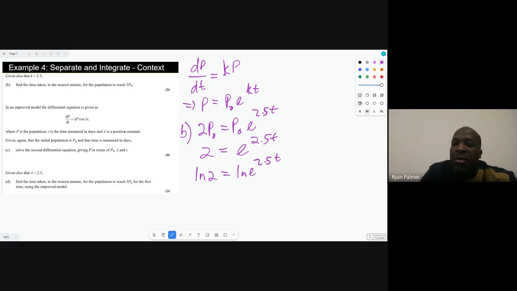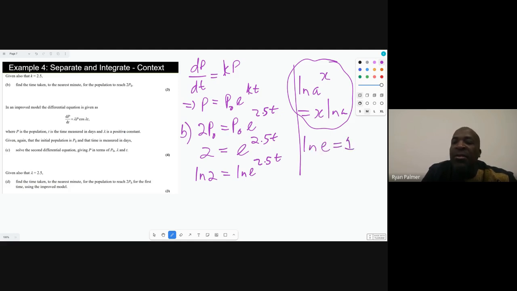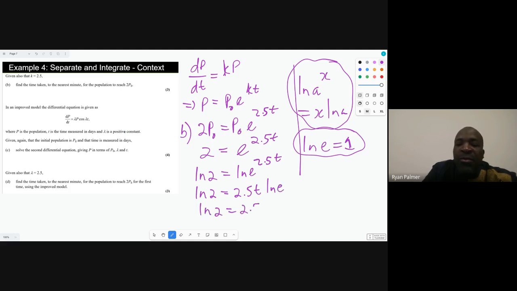So we're here now going to be using the rule that if you have ln a to the x, this is the same as x ln a. So we're going to use that rule, and then we're going to use the second rule that ln e is equal to 1. So we have ln2 is equal to 2.5t ln e, which means that ln2 is equal to 2.5t, since ln e is the same as 1.